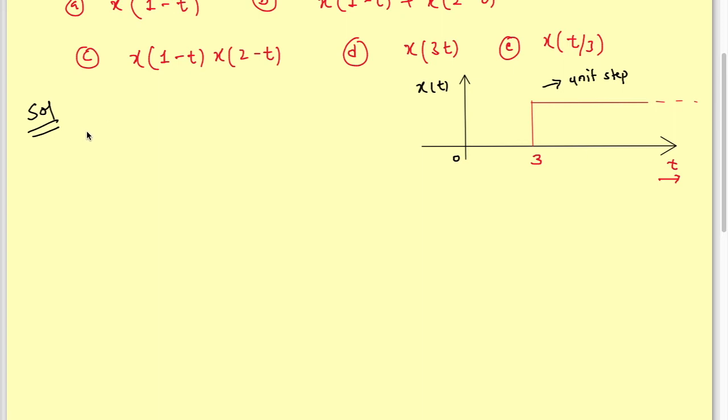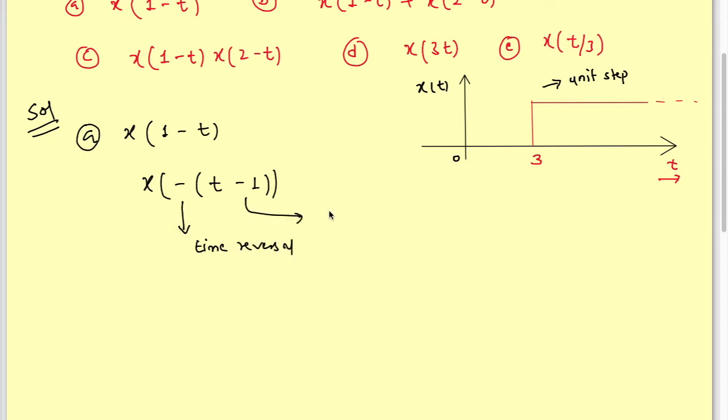The first problem says x of 1 minus t. If I take the coefficient of t here, it is minus 1. If I take minus common out, it becomes t minus 1. So what I need to do here is time reversal, then time delay by unit 1.